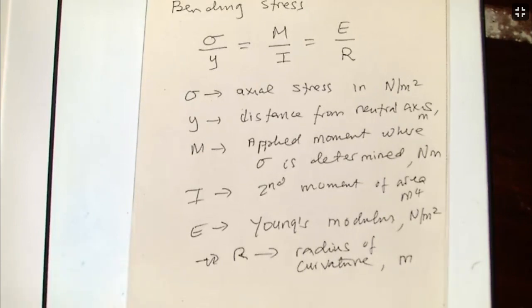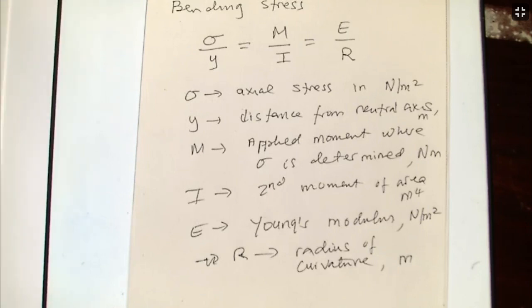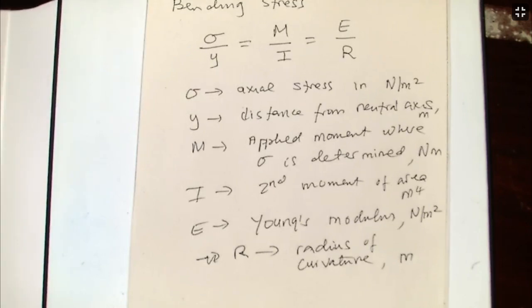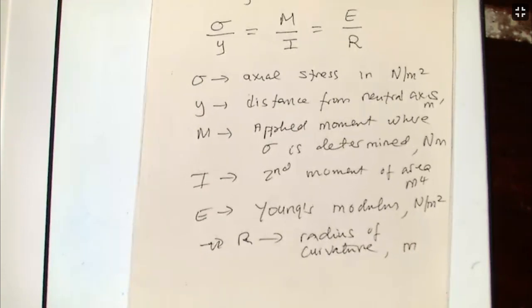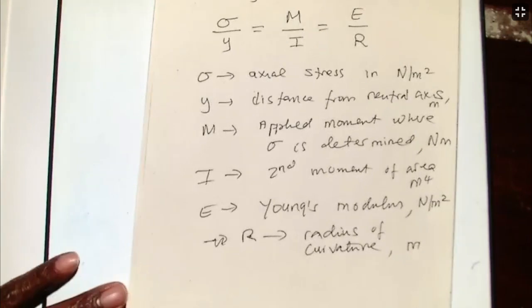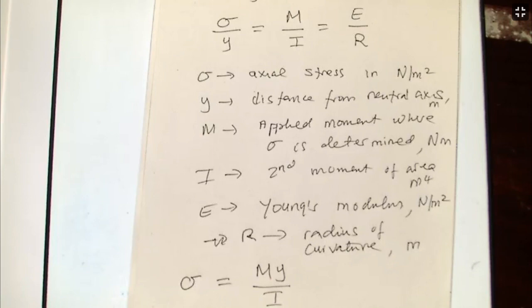Because we are mainly interested in the stress here, I'm going to write the stress in terms of the bending moment and also in terms of the Young's modulus. So from that, we can say that our stress along the length of the beam is the moment where we are finding the stress, times the distance from the neutral axis, divided by I. That is using the first two there.